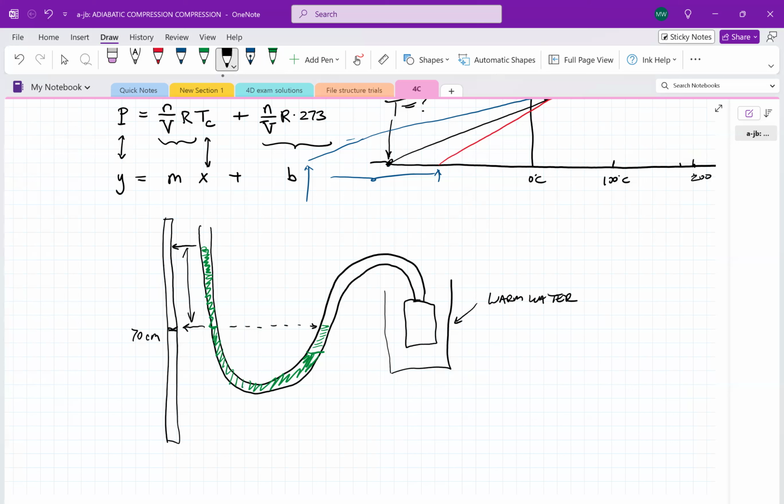And that height is the height above atmospheric pressure that the water is having to exert in order to counterbalance the pressure from the air. So say that's a delta Y right there. And the extra pressure from the water is equal to rho g times delta Y. That's the pressure above atmospheric.